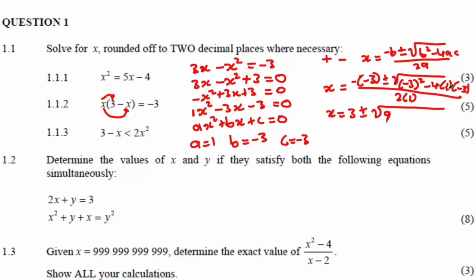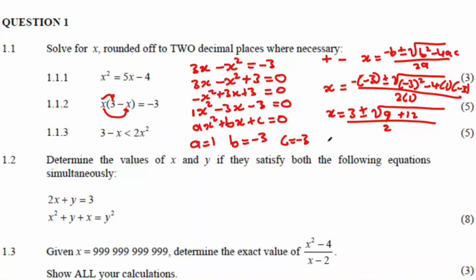And then this one, let's try to simplify it. Minus 4 multiplied by 1 is just minus 4. And then multiplied by minus 3, which will give me, because the minus and the minus is a positive, and 4 multiplied by 3 is 12. So it's going to give me plus 12. Brilliant. Then divide by. So 2 multiplied by 1 is going to give me 2. Okay. So now we just want to add this inside the square root so that at least we simplify it a bit further.